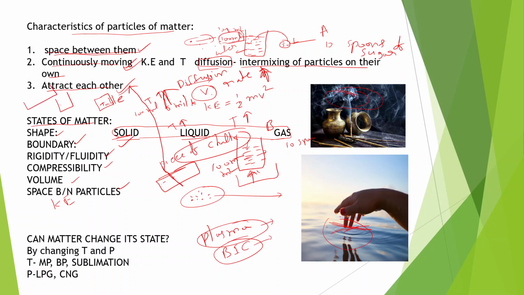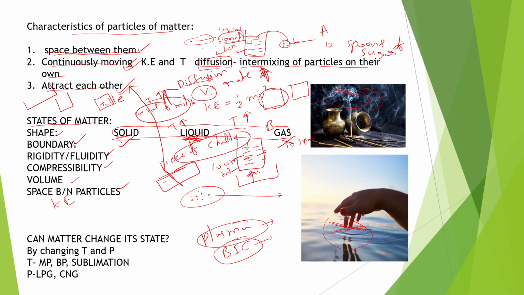Into a beaker, it will take the shape of the beaker. So the shape of a liquid is not definite. Gas also takes the shape of what we fill it into. If it is circular, it takes circular; if rectangular, rectangular. So no definite shape in gas also.